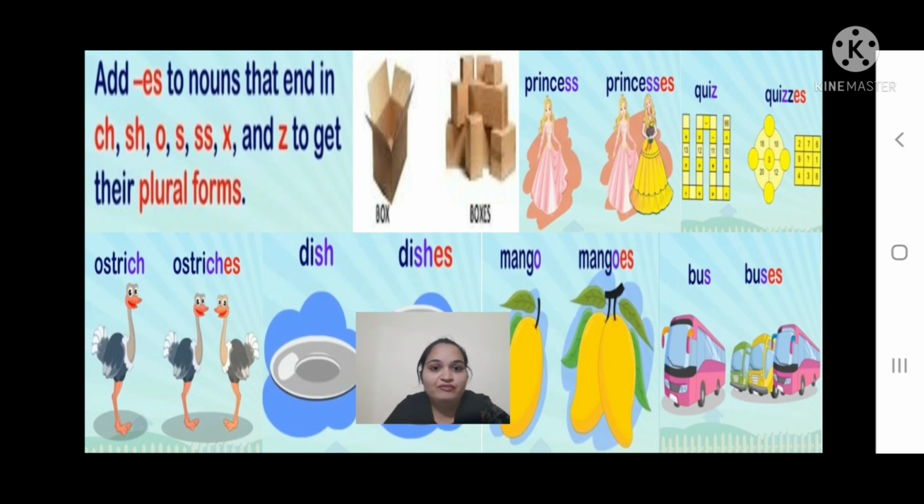In the same way, ostrich, ostriches, dish, dishes, princess, princesses, quiz, quizzes, mango, mangoes, bus, buses. So here all the words which are given end with ch, sh, s, ss, x or z, so we have added es to them.